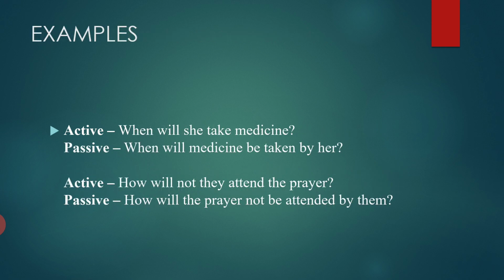When will she take medicine? So, when will medicine be taken by her? How will they not attend the prayer? How will the prayer not be attended by them? So I hope you get the idea how to change this kind of sentences into passive voice.